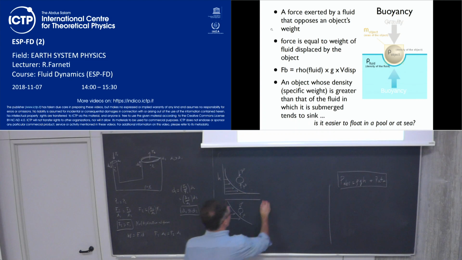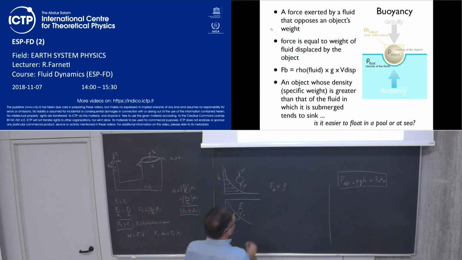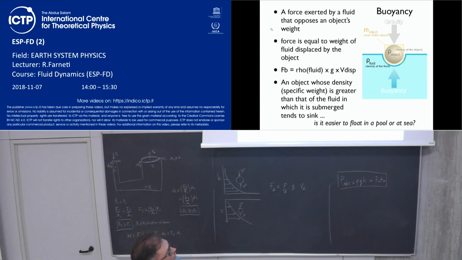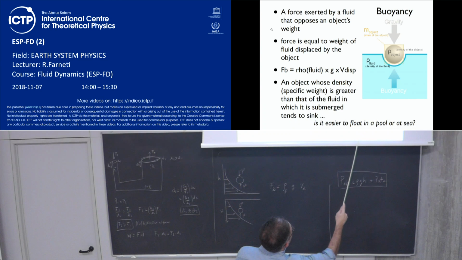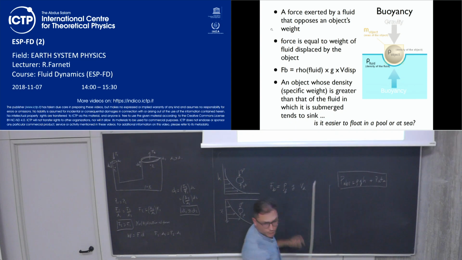So the buoyancy force is equal to the density of the fluid, not the object, so the ambient fluid, times gravity, times the volume displaced. That ball is displacing this much of fluid. So the buoyancy force that this ball is experiencing is the amount of this volume displaced by the ball times gravity times the density of the fluid, not the density of the object.